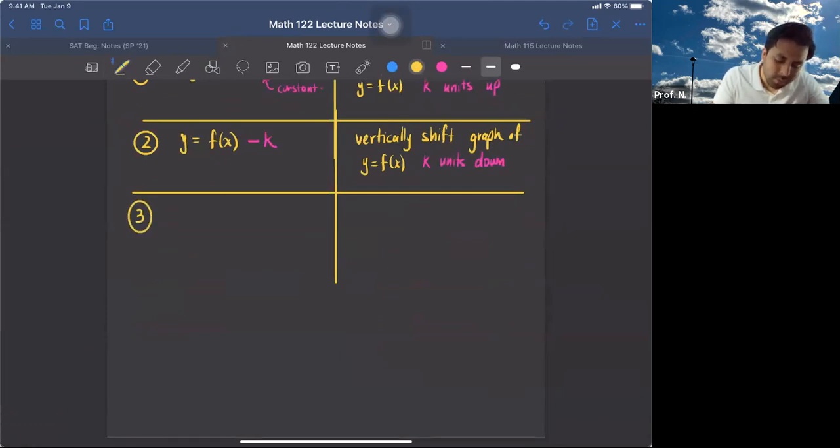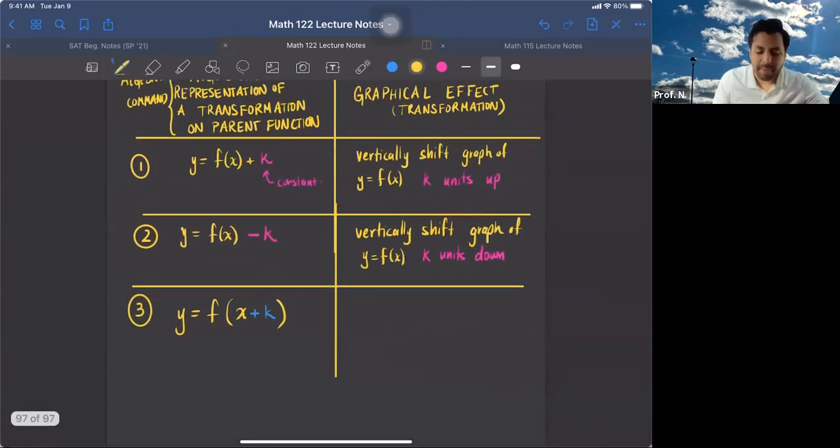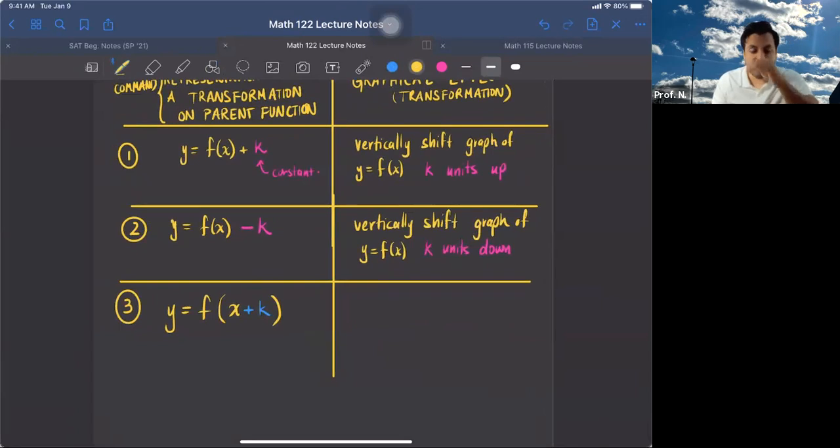So now the question is, what happens if I do this instead? If I add the k inside, now it changes the whole effect. It's no longer a vertical shift. It's actually a horizontal shift, but it's not the horizontal shift that you may think. So you see the plus, you're thinking, oh, to the right, but actually it's to the left. So this is a horizontal shift.